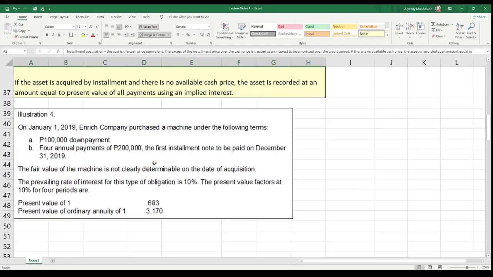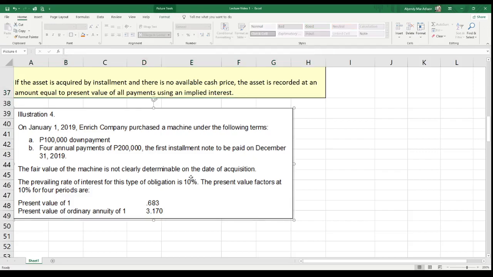According to the standard, if the asset is acquired by installment and there is no available cash price, then the asset is recorded at an amount equal to the present value of all payments using an implied interest. So, we will now have to get its present value. Let us read the problem first.